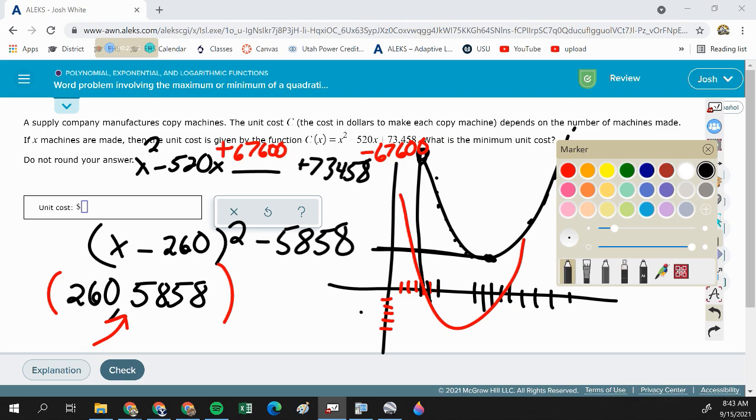If you make more machines than that, what's going to happen? The cost goes up. Why? Maybe it's hard to get that many materials. Maybe you have to pay overtime. Maybe you have to buy a new building. Don't know. But if we make fewer than 260, the cost also goes up. So to make the business as profitable as possible, you want to shoot for 260 machines.